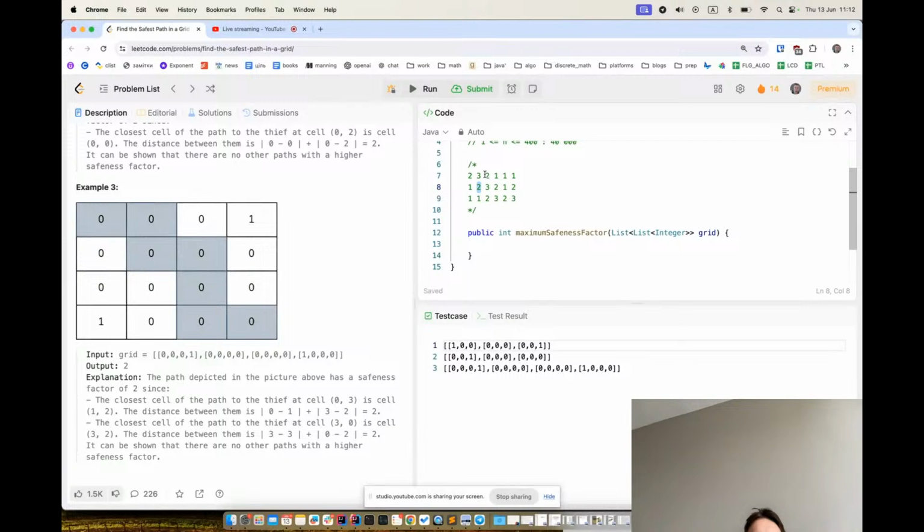So in this case, I go both to 2 and 2. Then I go to 3 here. From 3 again, I go to both. Here I go to 3, go to 2 and to 3. And from all these paths, I return the. So I go to maximum, but I return minimum.